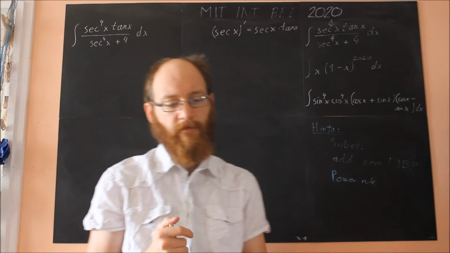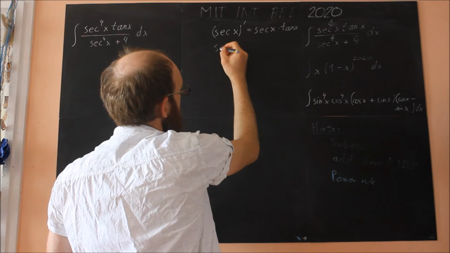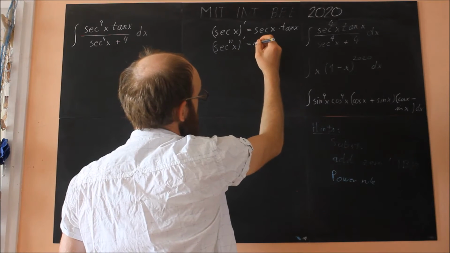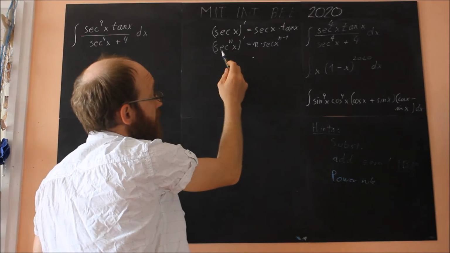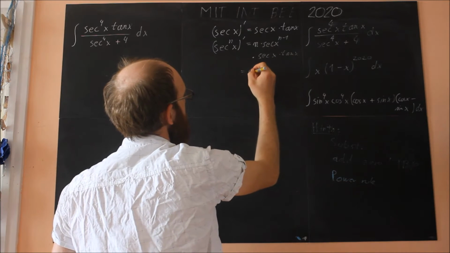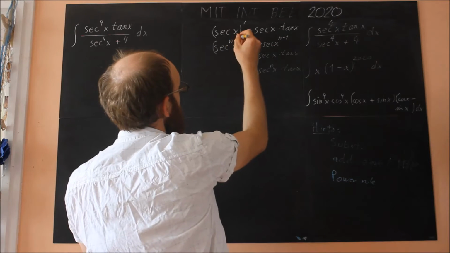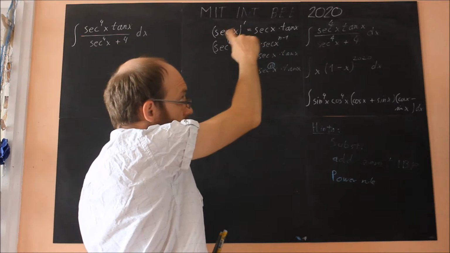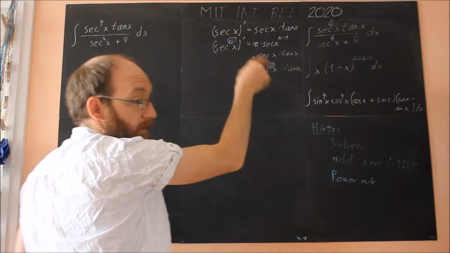And if you have a close look at this relation, the derivative of the nth power of the secant, the n comes in front, n times secant x to the power n minus 1, and then times the chain rule, the derivative of the secant is secant x times tangent x, and we see that the power stays the same.